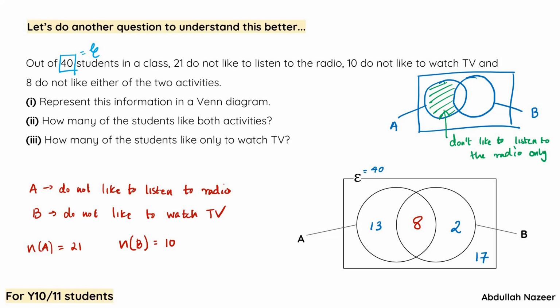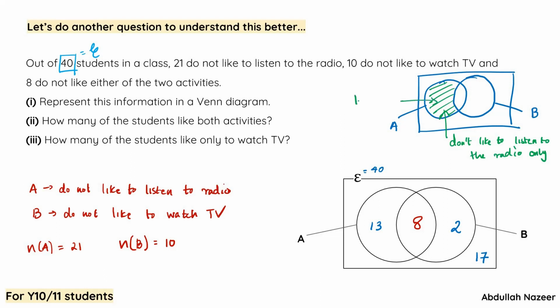That just means they only hate the radio. That means that they like to watch TV. Because if they did not like to watch the TV as well, they would have come into this region, right? So since they're not in this region, that means they only hate listening to the radio, which means they should like watching TV.